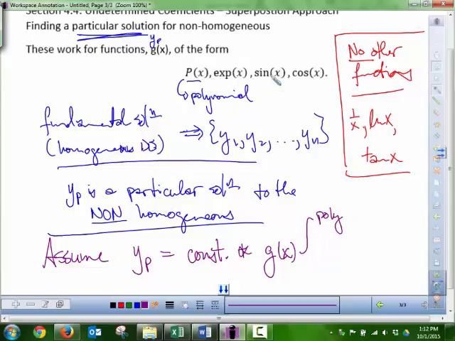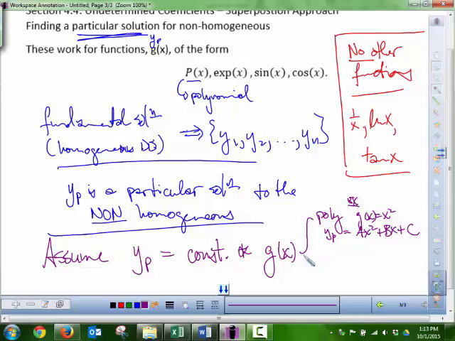So if the polynomial was x squared, for example, then your guess for the yp is equal to ax squared plus bx plus c. So when we talk about a quadratic polynomial, a second degree polynomial, we have to allow for the linear and the constant terms as well.